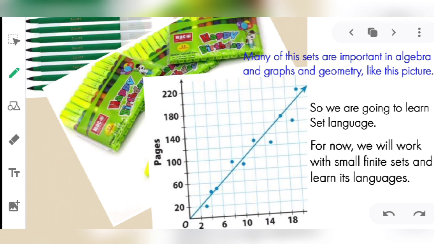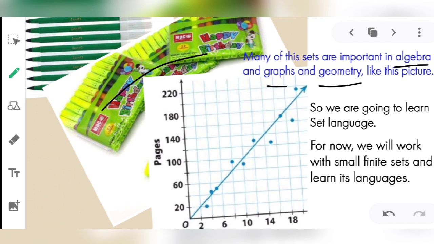In our mathematics, we have set language concepts and set concepts in our algebra, graphs, geometry, etc. So we are learning set language. In algebra, we are asked a question like: you have three sketch packets, take the green colored sketch packet, how many is it?